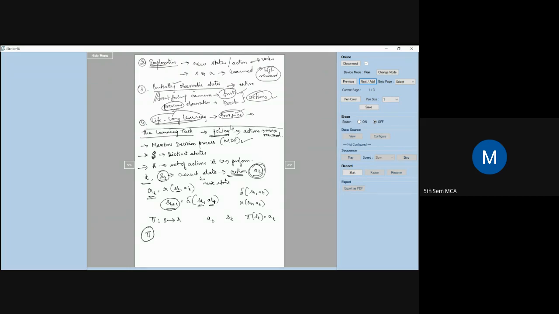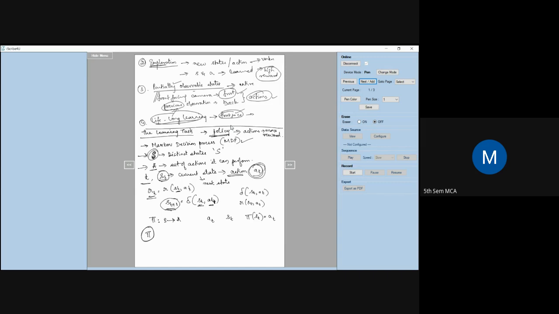In MDP, the agent, the robo, sees the set of states, which we show as capital S. It is nothing but the set of all possible states in its environment. And then we define another set A, which is nothing but the set of actions that it can perform.